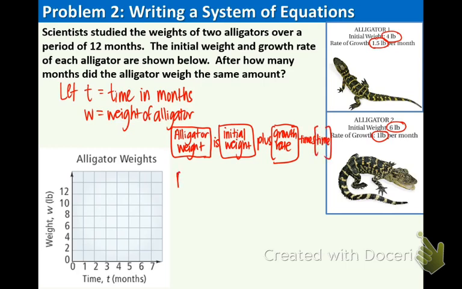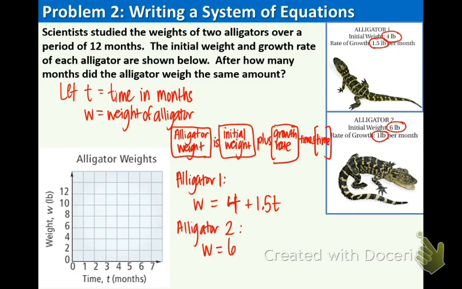Okay, alligator 1. Now we're going to make the equations. Alligator 1 initially weighs 4 pounds, and we're adding to that 1.5 t. Alligator 2, initial weight of 6 pounds and gains 1 pound per month. So there's our two equations, and now we're going to plot those.